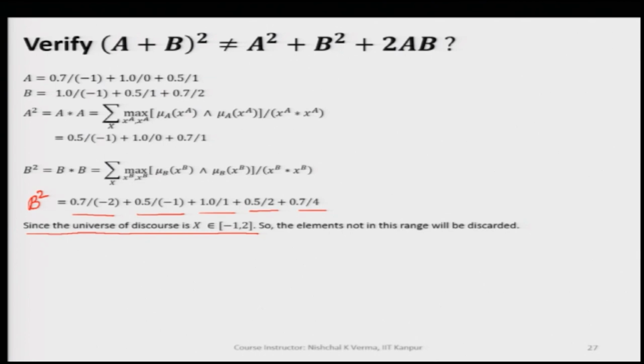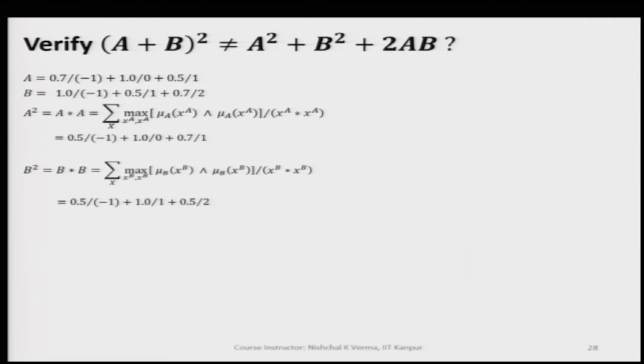So, such elements we will be discarding. Let us now rewrite the resulting fuzzy set B square, and here we have only 0.5 by minus 1 plus 1 by 1 plus 0.5 by 2.